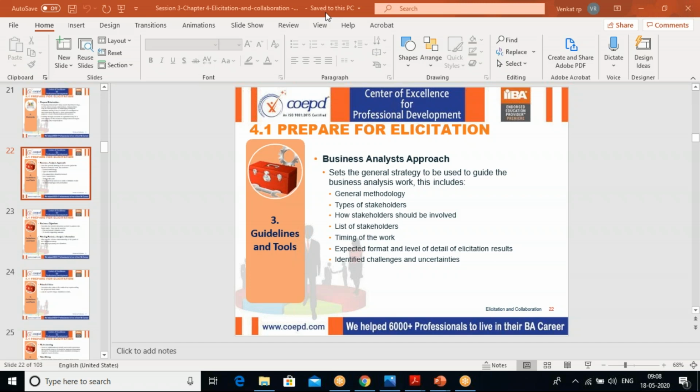Elements: understand the scope of elicitation, select elicitation techniques, set up the logistics, secure material, prepare the stakeholders. And business analysis approach. Got it.